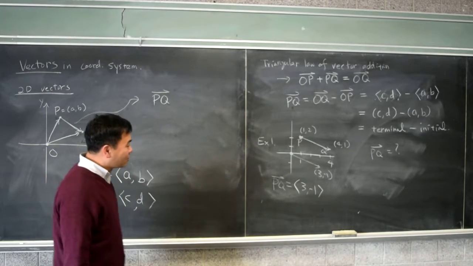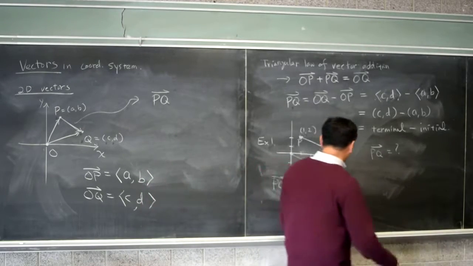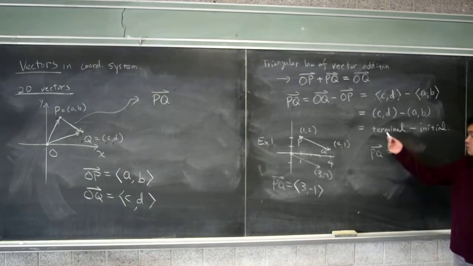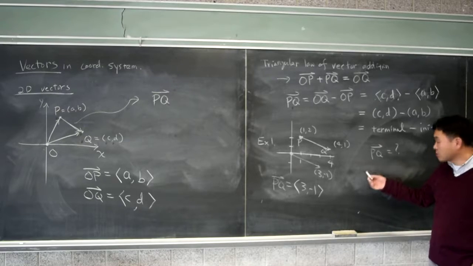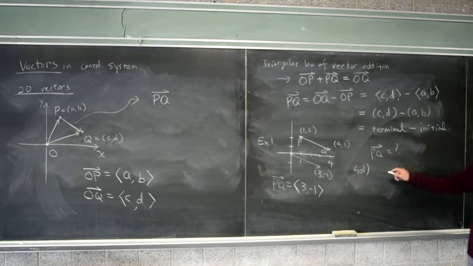So rather than drawing the graph to figure out what PQ is, the standard solution I would like to promote is using the terminal minus initial. So let's try this solution. PQ is terminal minus initial, so what's the terminal? 4, 1. Remember, I really mean 4, 1 as angle brackets, but I don't care, okay?